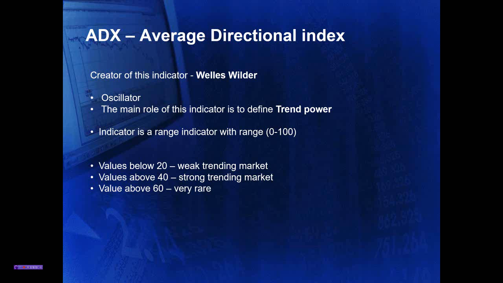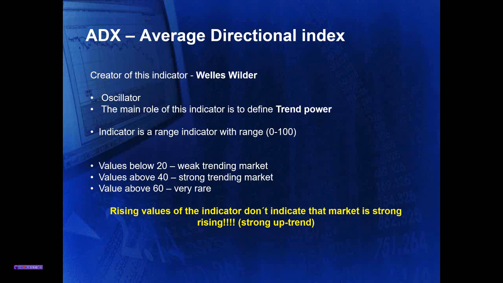Values above 40 mean we are talking about a strong trending market, and sometimes the values can go even through 60 or above 60. That's very rare. You will see it's not that rare, but yeah, it happens. It depends on the volatility of stocks.